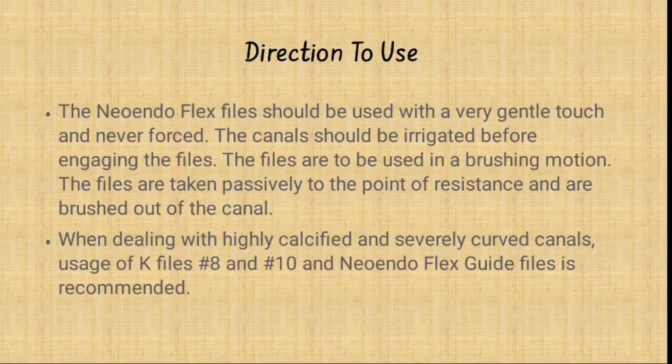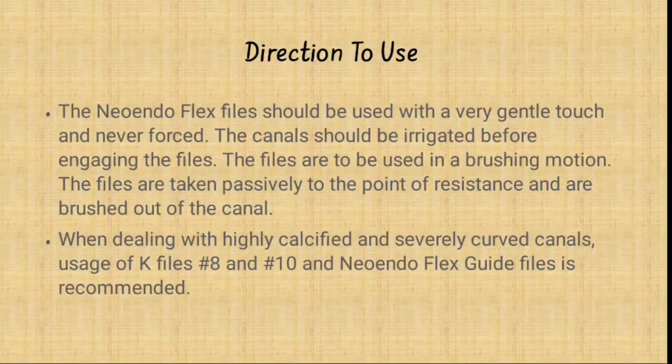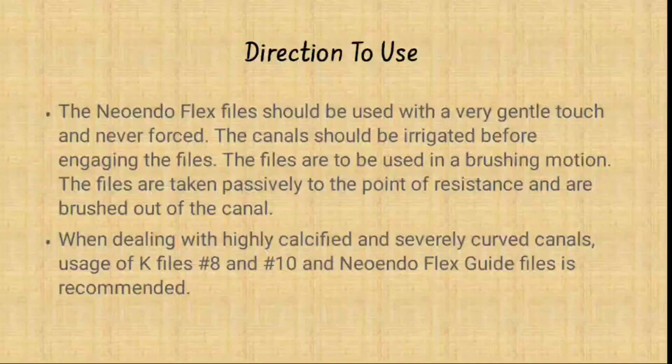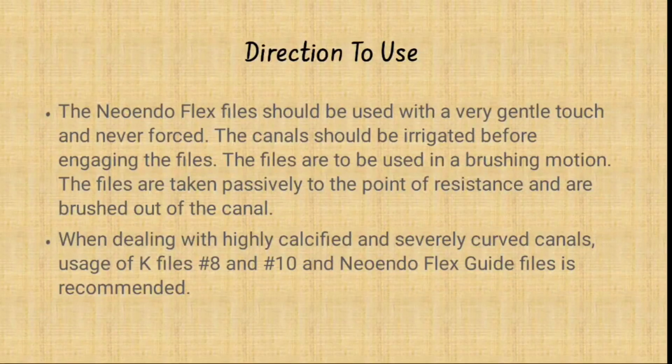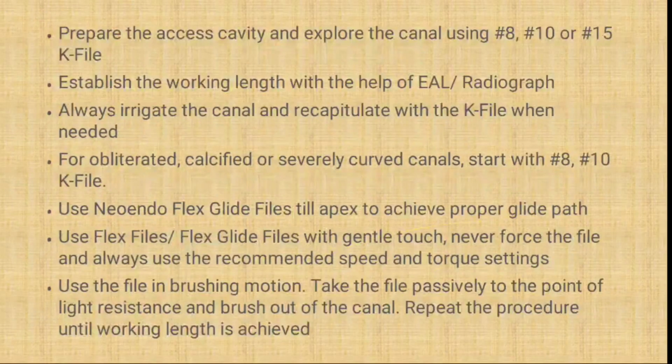When dealing with highly calcified and severely curved canals, usage of K files 8 and 10 and then NEOENDO flex glide files is recommended. Then prepare the access cavity and explore the canal using the hand files, K files 8, 10, 15.